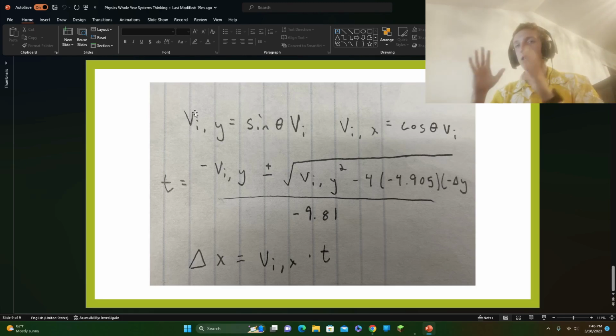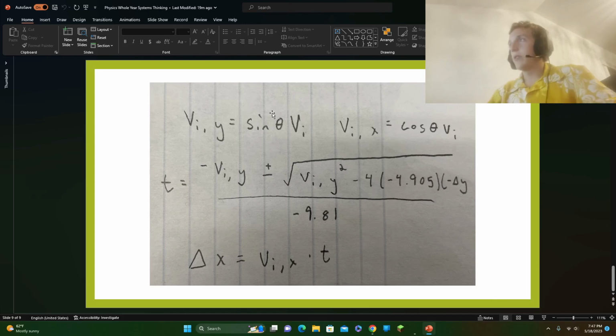Projectile motion happens in a 2D space, and the motion along the two perpendicular axes can be treated as separate. So we can find the initial velocity in the y direction and the initial velocity in the x direction.